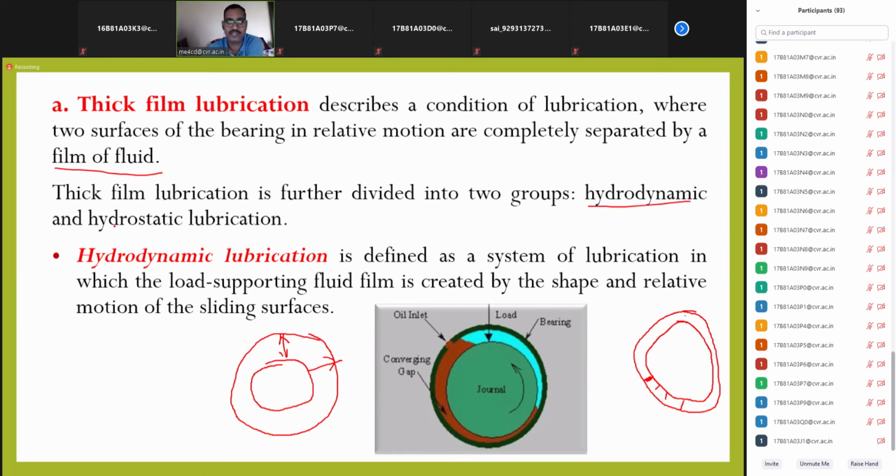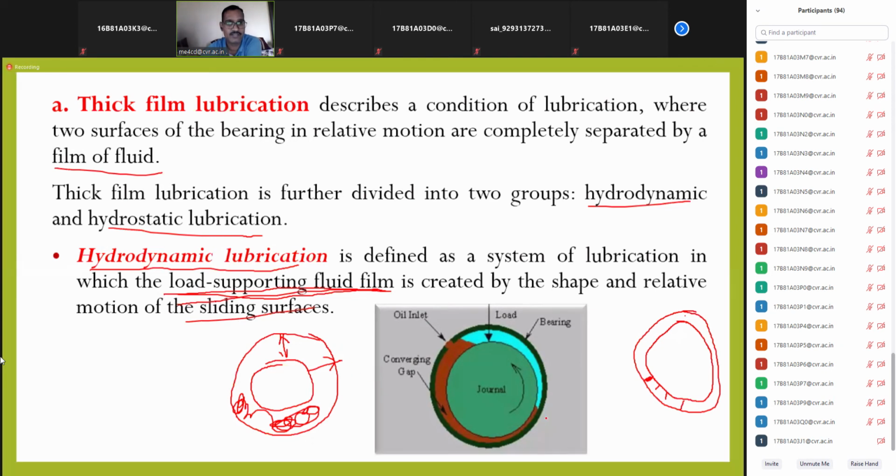So thick film is again divided into two groups: one is hydrodynamic and the other is hydrostatic. Hydrodynamic lubrication is a system of lubrication in which the load supporting fluid film, the lubricant present in between, is created by the shape and relative motion of the sliding surfaces.